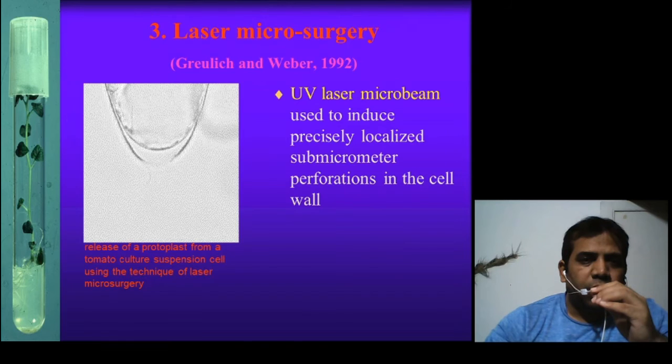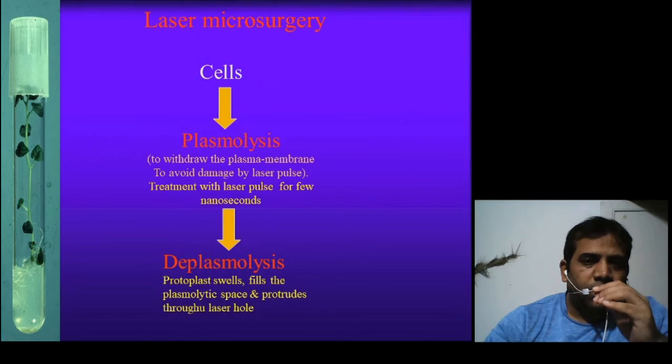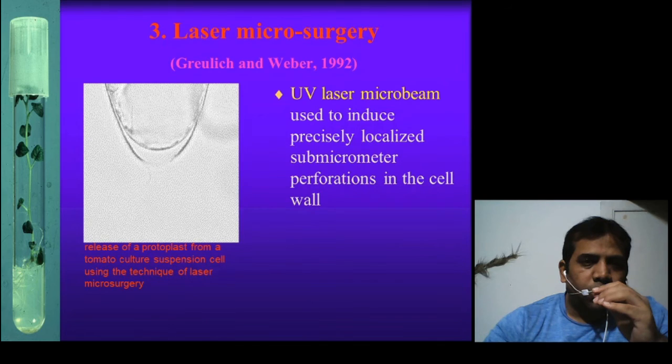The third and most advanced method compared to the earlier ones is laser microsurgery, in which a UV laser microbeam is used to induce precisely localized submicrometric perforation in the cell wall. Here the cells undergo plasmolysis, and the plasmolyzed cell is treated with a laser pulse for a few nanoseconds, and the cell is deplasmolyzed again so that the protoplast emerges from the pores.